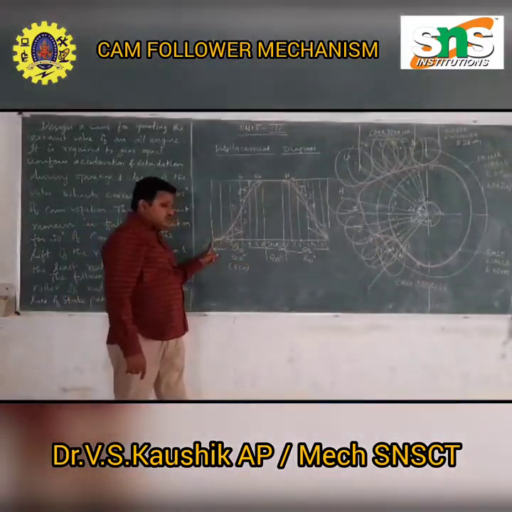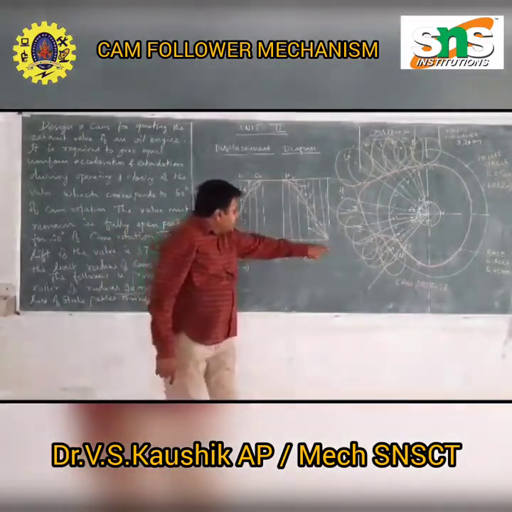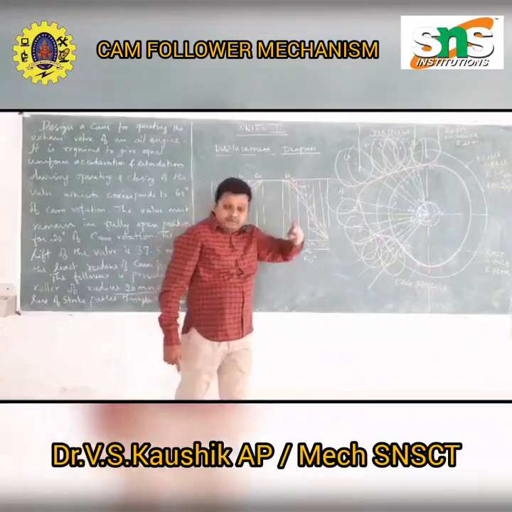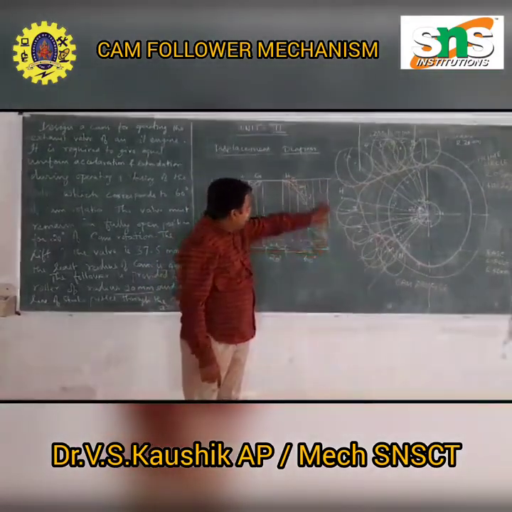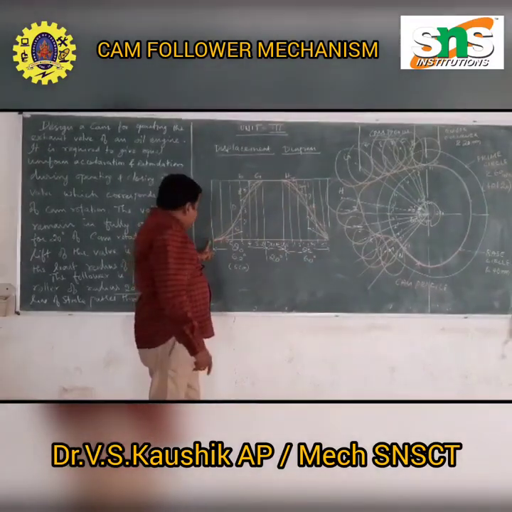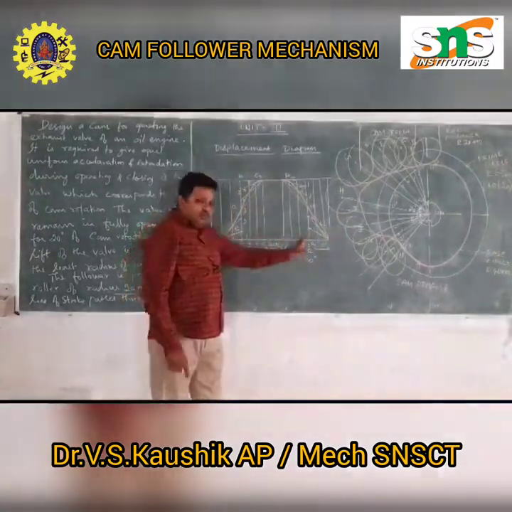First you should fix the O point. Then you should draw a horizontal line, and the height of the line should be 37.5 mm. Correctly it should be 37.5 mm. You should draw a vertical line, and the horizontal line you can draw for some value.